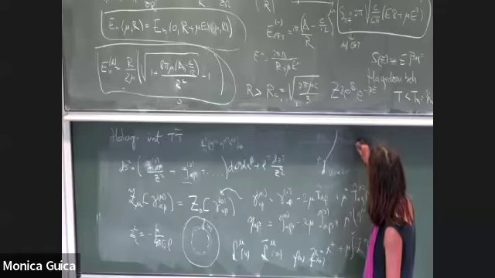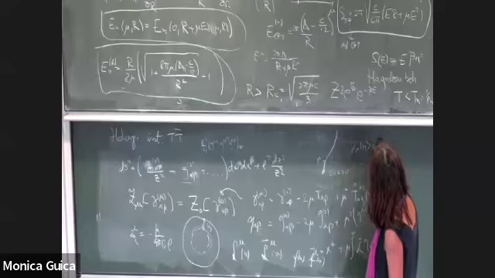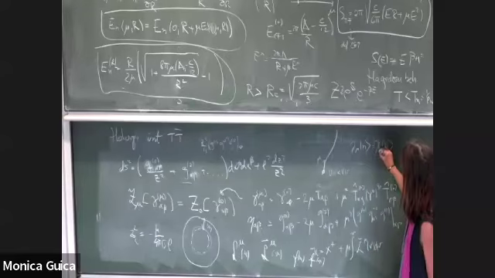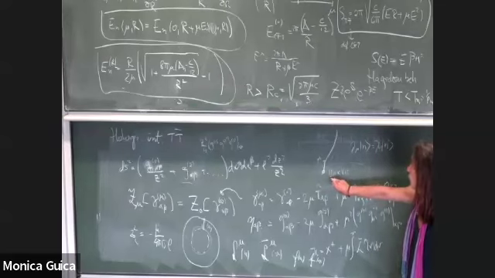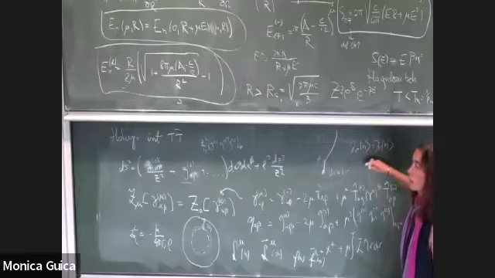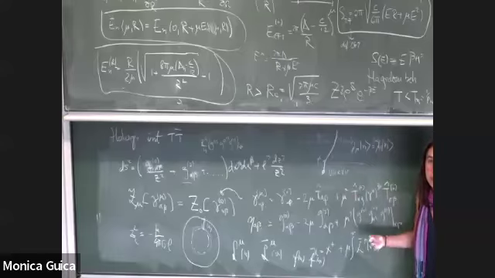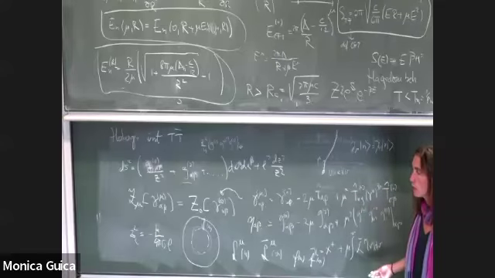And how do you do that? Well, in TTbar, you have some flow of the energy eigenstates, which you can control. So this matrix chi is known. And basically, you decide to flow your Virasoro generators in the CFT with the same matrix. That's a definition. By definition, it preserves the algebra.